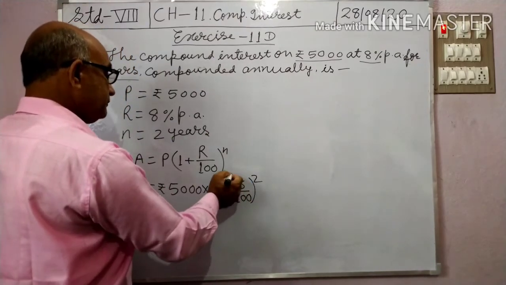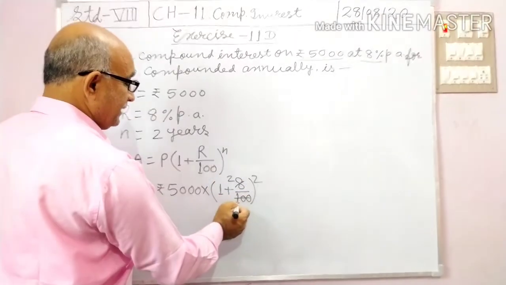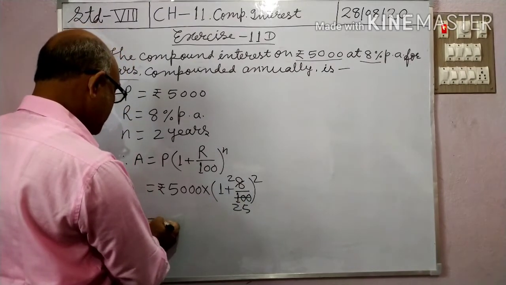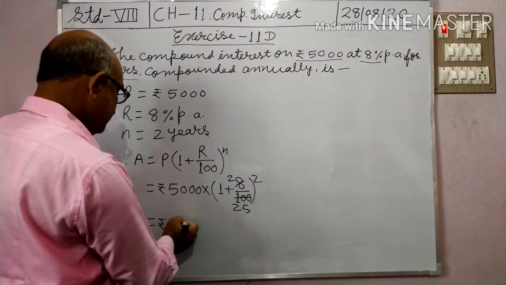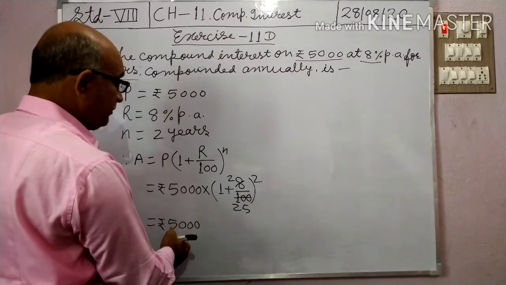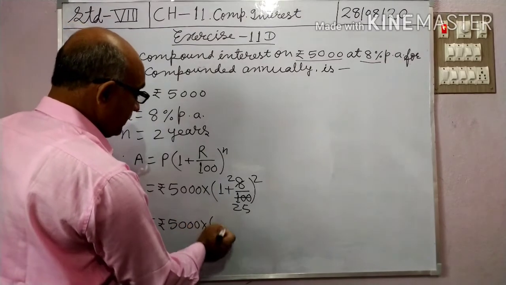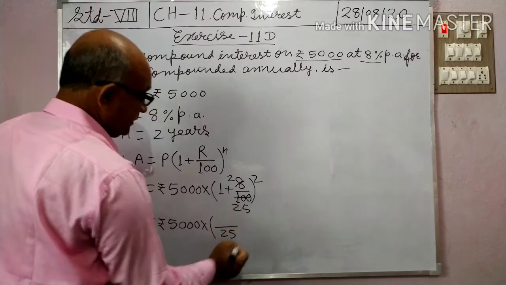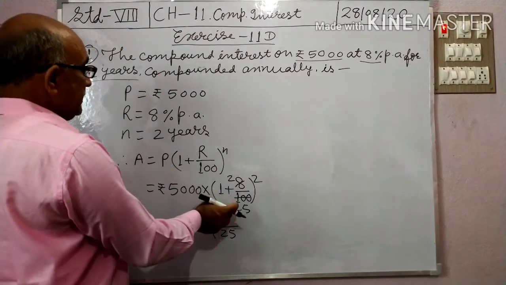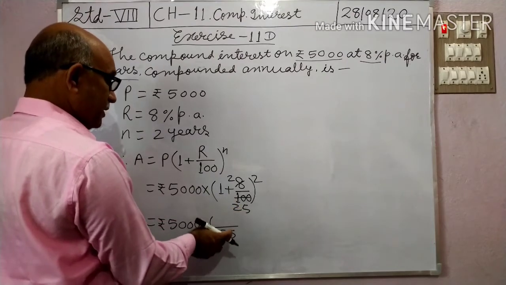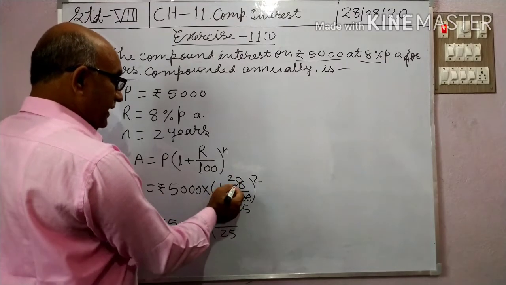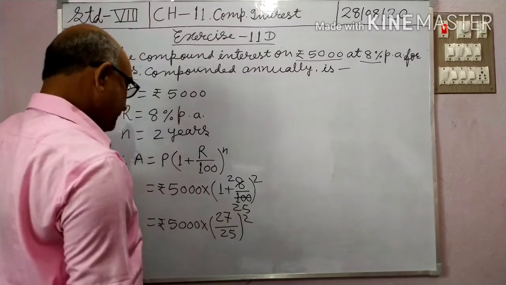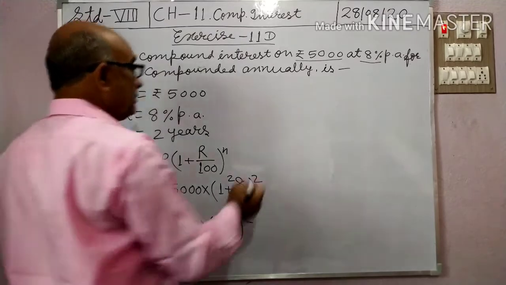Now 2 for the 8 and 25 for the 100. So rupees 5,000 into, LCM is 25. 25 plus 2, 27. 27 by 25 to the power 2.